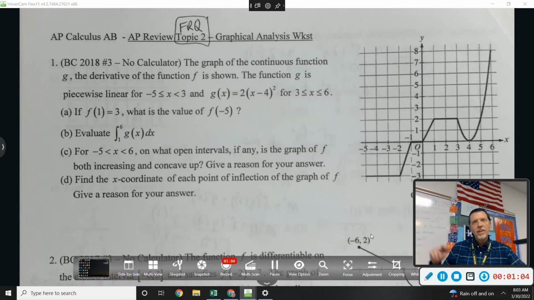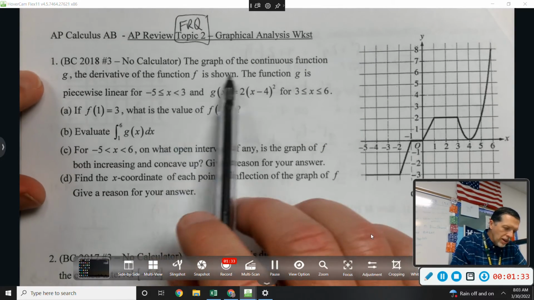To show how much overlap there is, BC students, when they take the BC test, get 2 scores. They get a BC score and they get an AB subscore. So if they did well on the AB stuff but not the BC stuff, they can still get an AB grade of a 4, even though their BC grade is a 2 or whatever. So there's a lot of overlap.